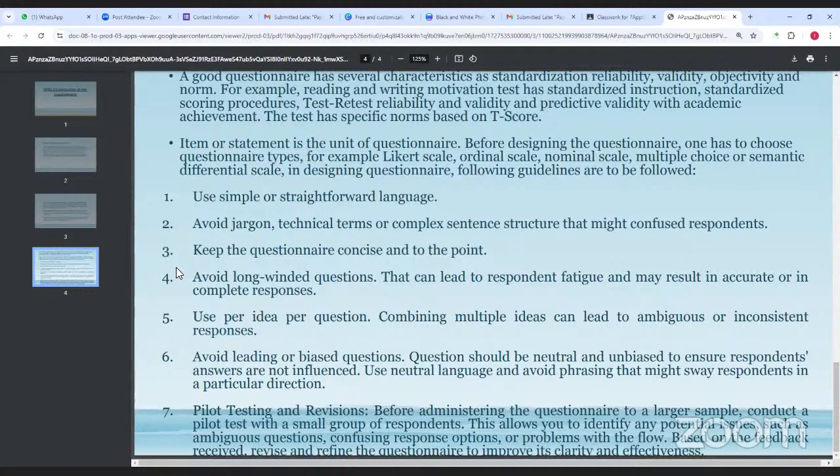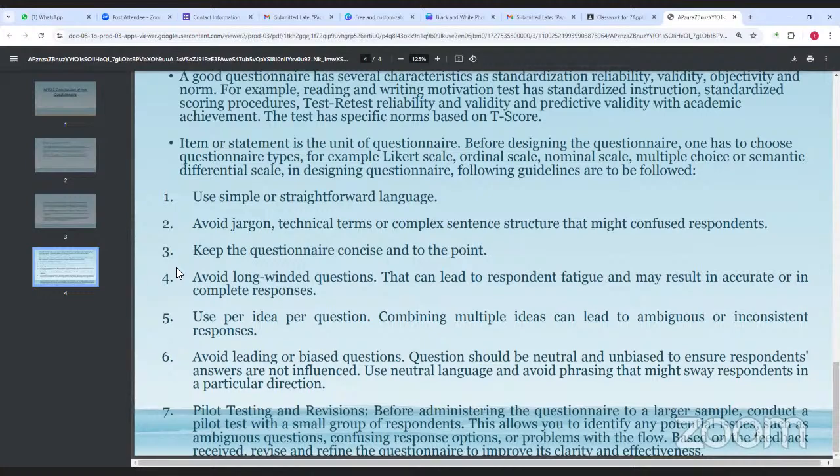Another thing, predictive validity. So here the assumption is if an individual is highly motivated to read and write, then the academic performance will be high.